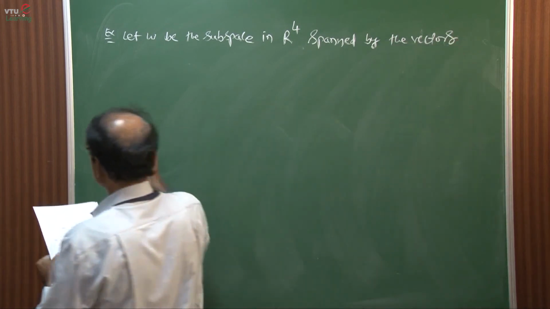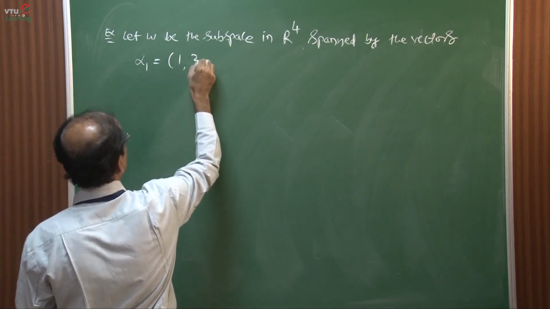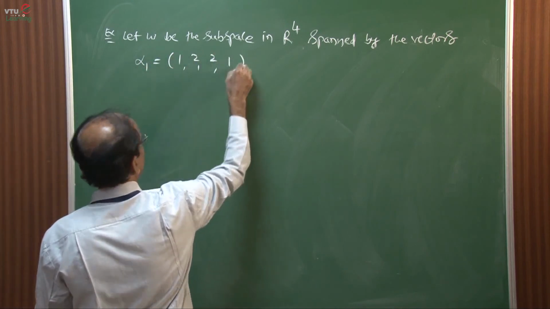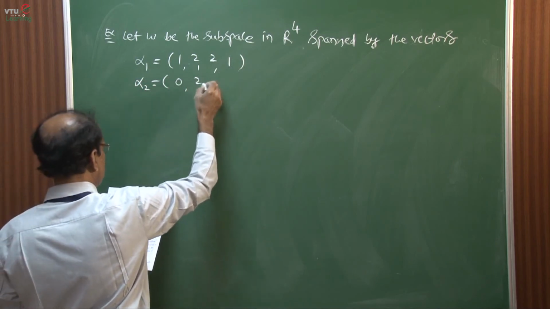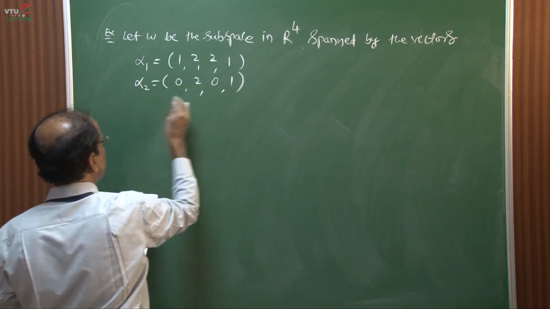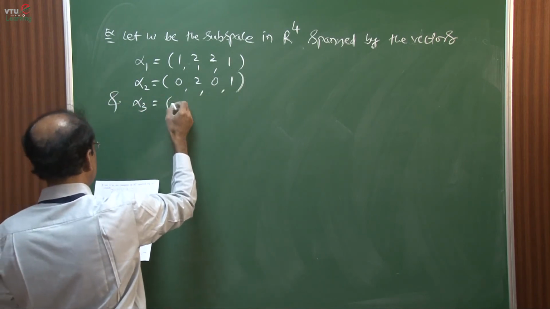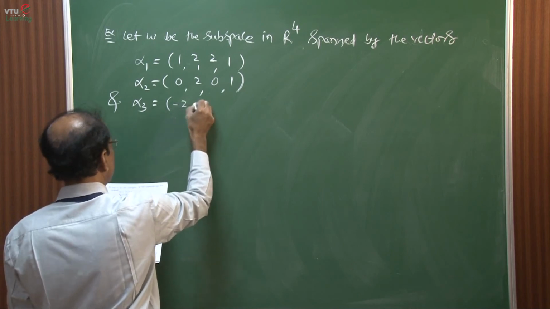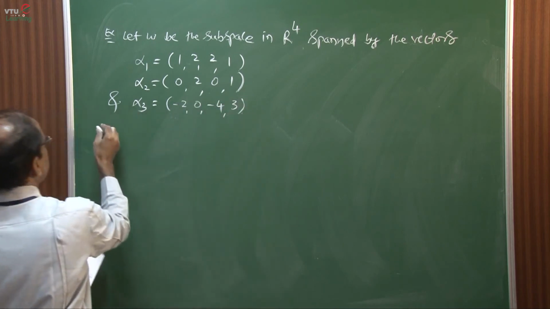There are 3 vectors given. Alpha 1 is equal to 1, 2, 2 and 1, and alpha 2 is equal to 0, 2, 0 and 1, and alpha 3 is equal to minus 2, 0, minus 4 and 3.